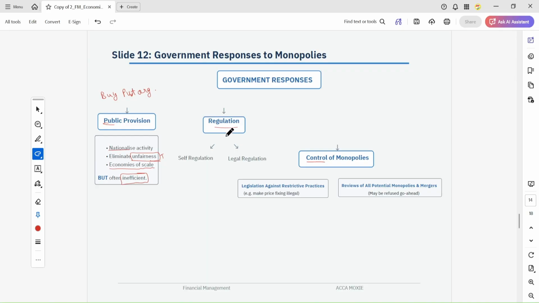The next is regulation. The government puts some regulation measures like self-regulation and legal regulation. Self-regulation is like the ethics paper in our ACCA exam. Audit and ethics, which you have studied in your ACCA exam, tell you that you have to be objective.